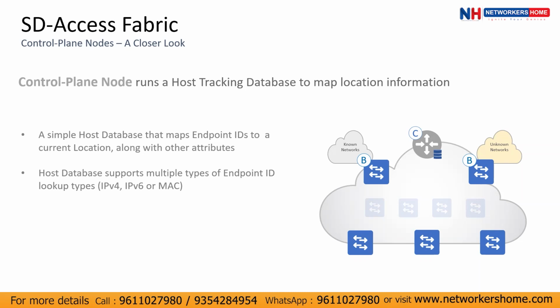Okay. So host tracking database supports multiple types of endpoints, whether your endpoint would be IPv4, IPv6, MAC, or some dumb device. When I say dumb device, that means some IoT device which generally isn't active, but whenever it has some data or information to send to the server, like any sensor, it will just get powered on, and based on the request, it will forward data.